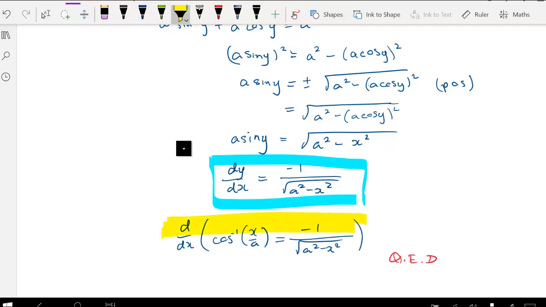There it is. We've got our proof that the derivative of arccos(x/a) is equivalent to -1 over the square root of a² - x². Again, where x must range between -a and a.